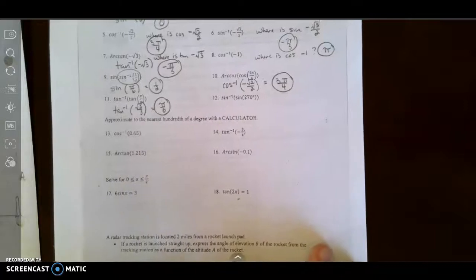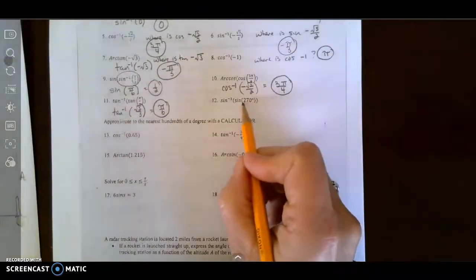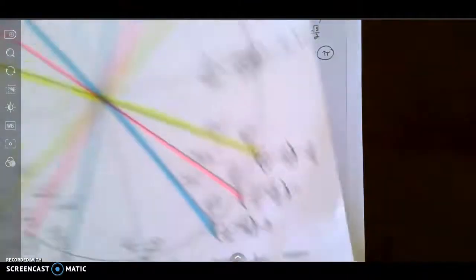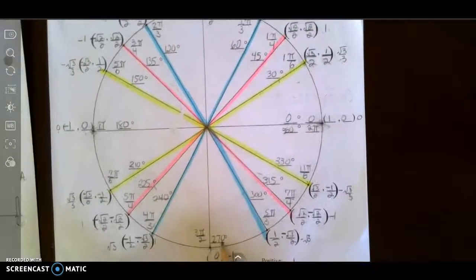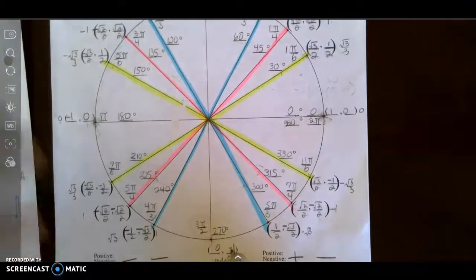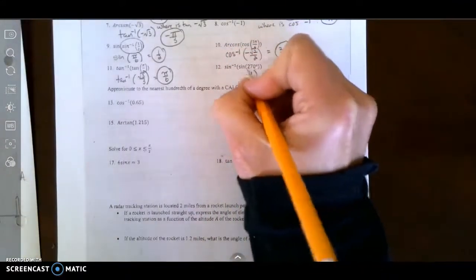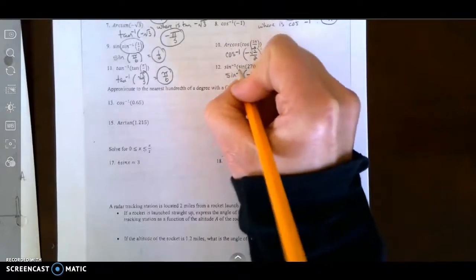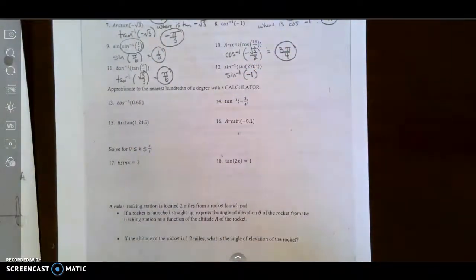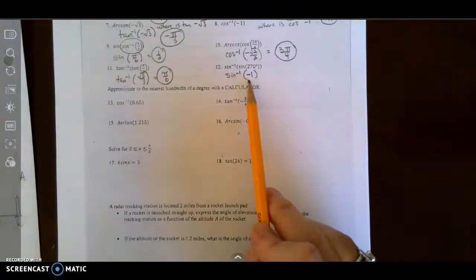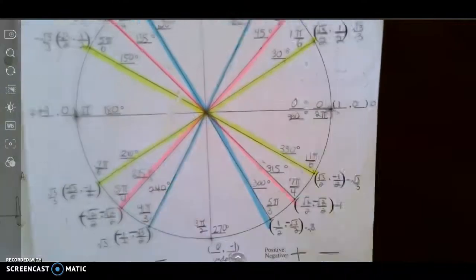All right, let's do my next one. Start on the inside, sine of 270. 270 is here. The sine is -1. Now I need to ask myself, where is sine -1? So I go to my unit circle.